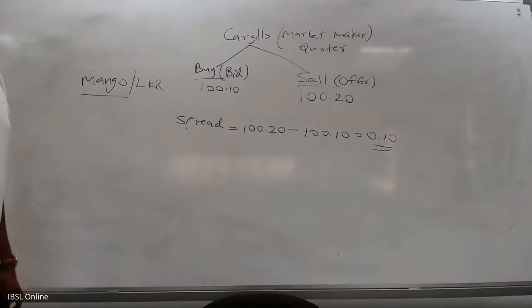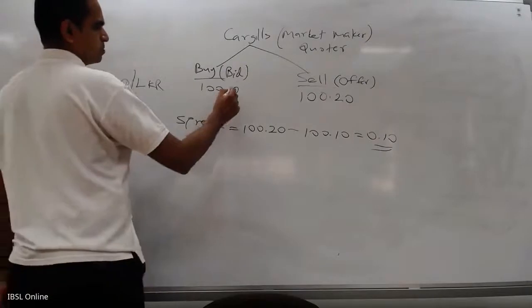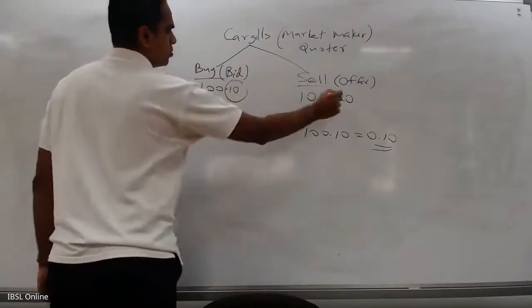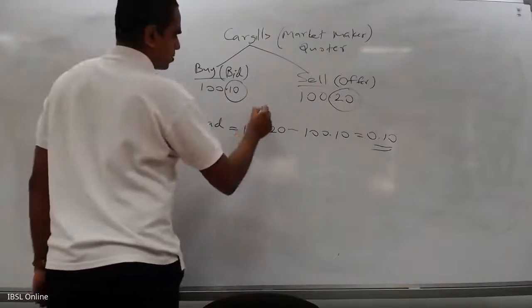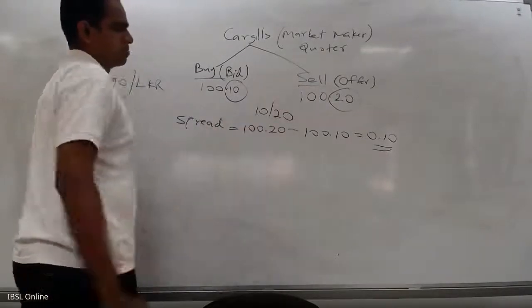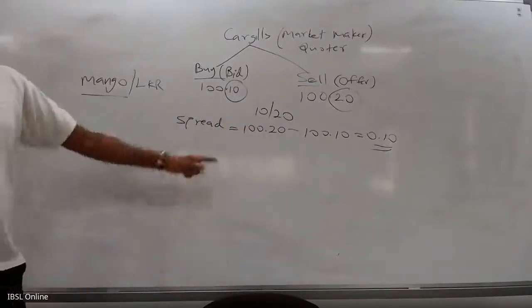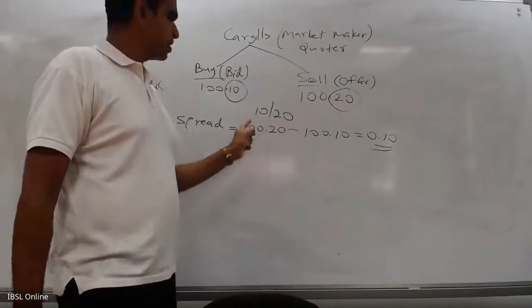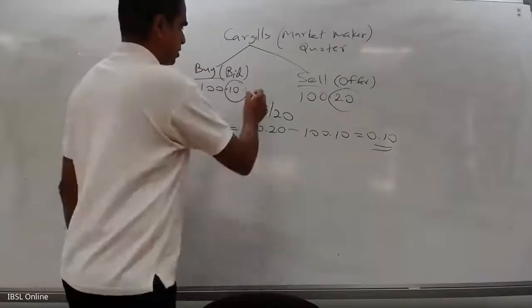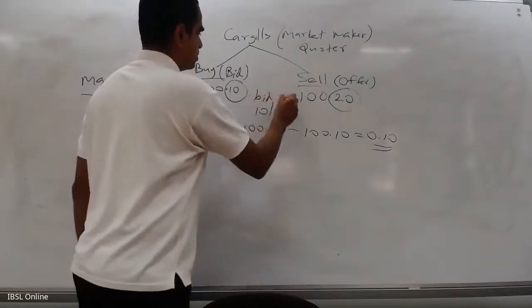So if they were in the mango market, they will only quote the last two digits. Only the last two digits will be quoted, 10, 20. What they mean is they're quoting only the decimal points in this place, only the number of cents, 10 and 20. So this is the bid, this is the offer.